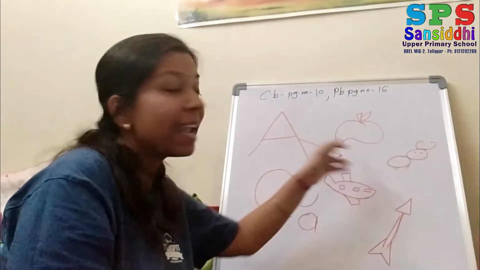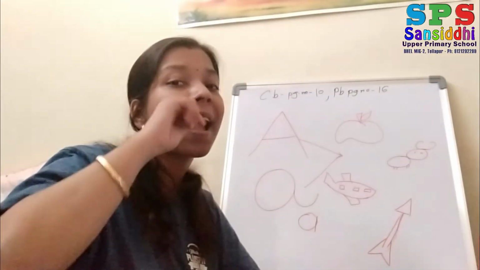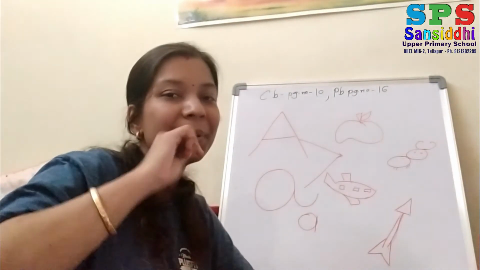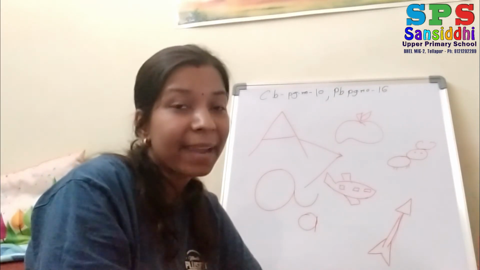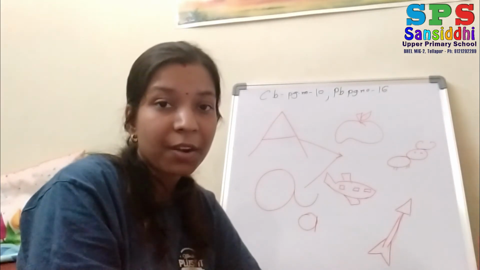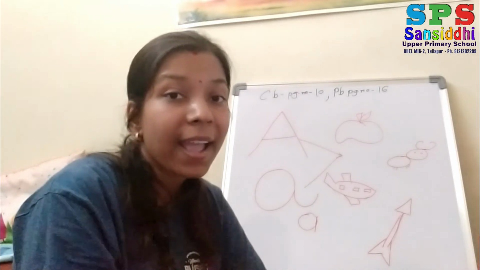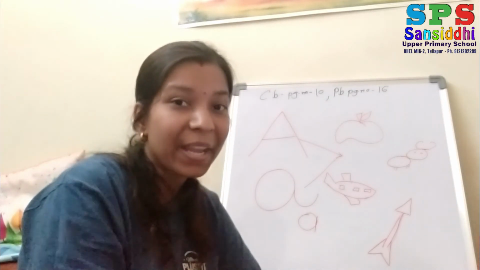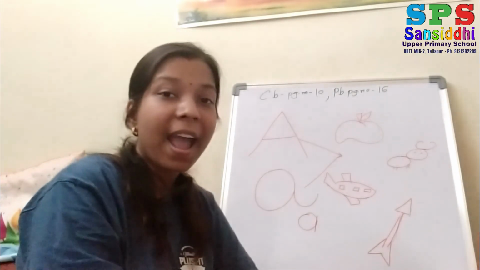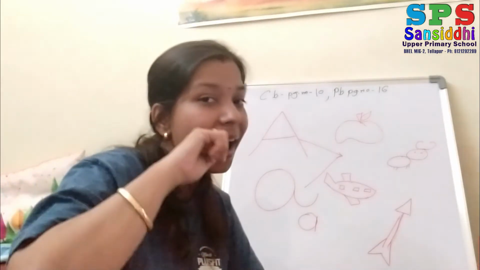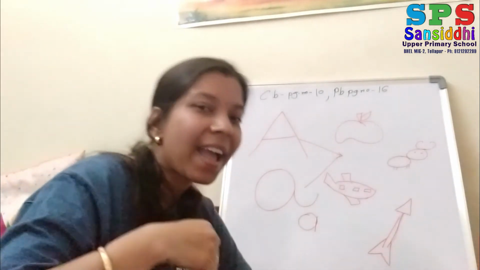Again, A is for apple, apple, apple. So what is the phonic sound of A? Just now we have sung. A is for apple, apple, apple.